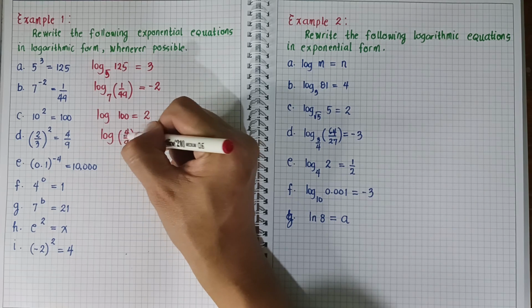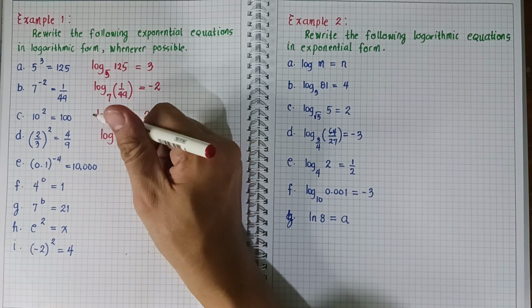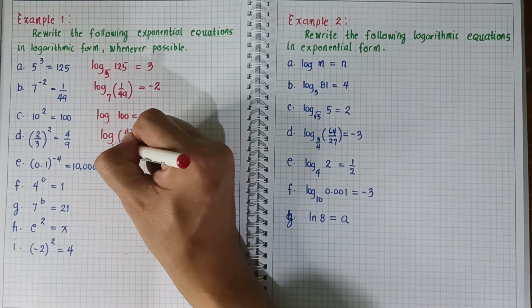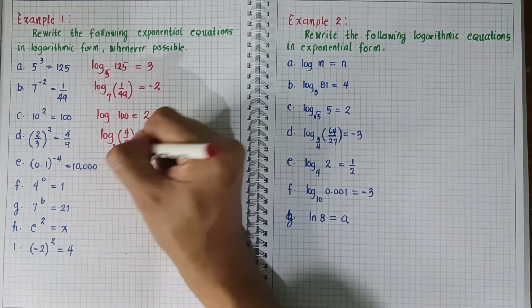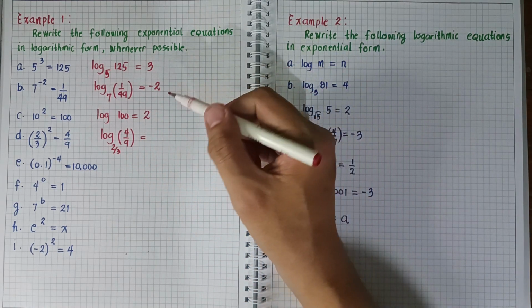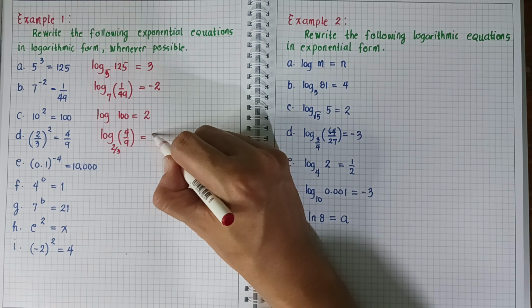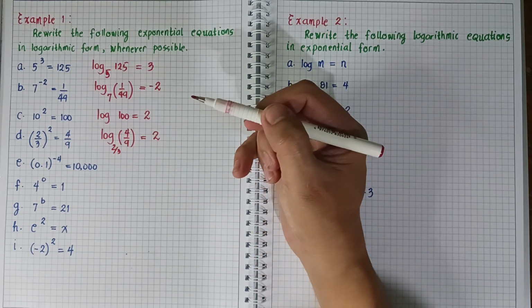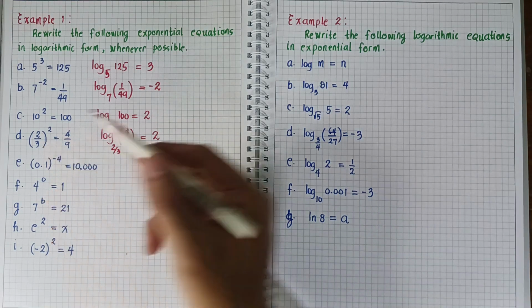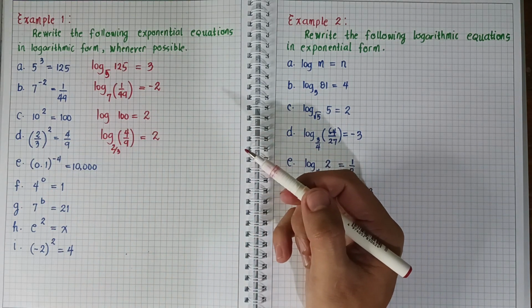Yes, it makes sense. And then to the base, what? 2/3, right? Kasi yun yung base natin. So, 2/3. And then equals, of course, 2. Right? So, that will be your exponent.